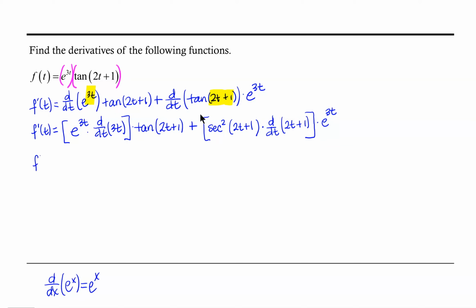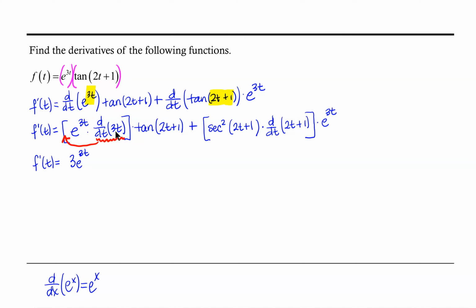All right, so then we have f prime of t is equal to, now the derivative with respect to t of 3t is simply 3. So let's write this as 3e to the 3t. So I am choosing to write this derivative in front of my exponential.